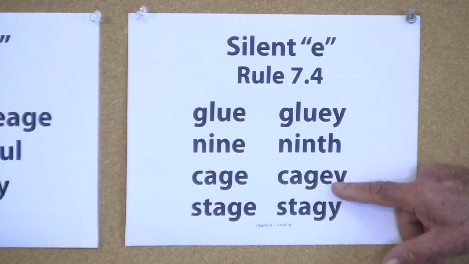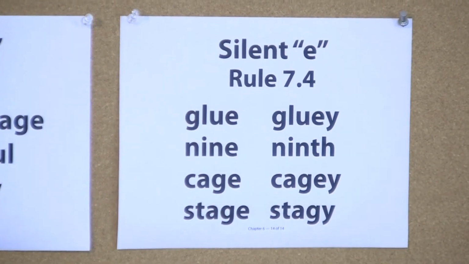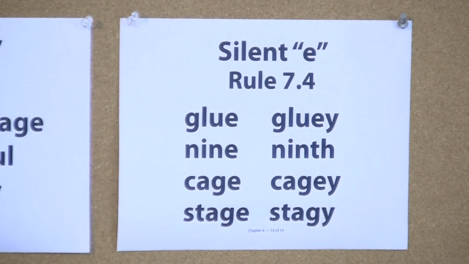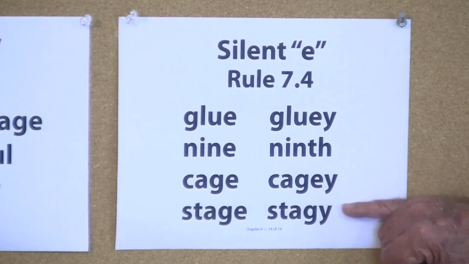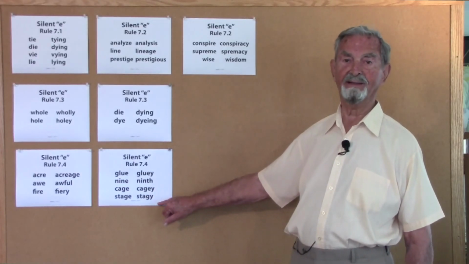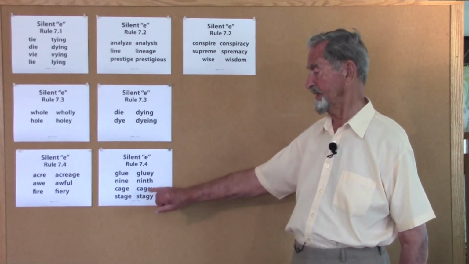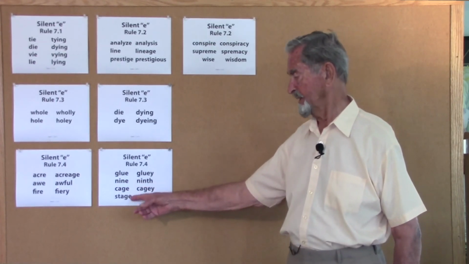Cage, cagey, and stage, stagey are good examples of the illogicality of the ending. Cagey ends in ey, stagey ends in y. Quite unnecessary to have that E. It can be removed.